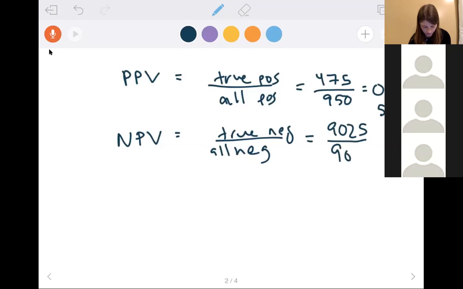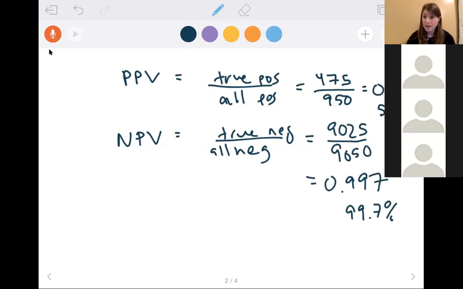So we can already tell, looking at those ratios, this is going to be a much, much higher value. I think I have this one recorded to 3 decimal places, 0.997 or 99.7% NPV. So this is a pretty high NPV, meaning if someone gets a negative test, we can be pretty sure that they actually are not a drug user.